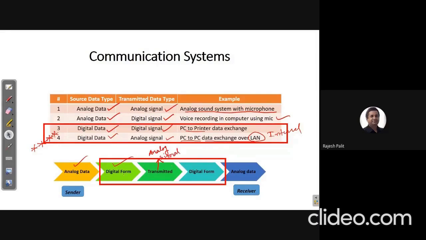At the receiver side the digital format is recovered, and the digital form is converted into voice again. Okay.